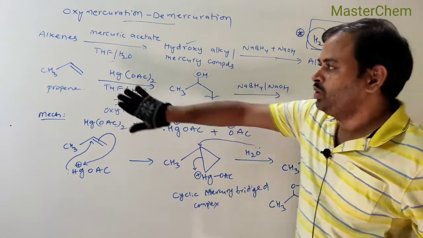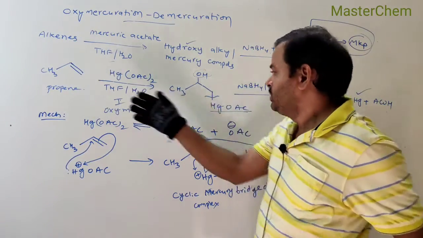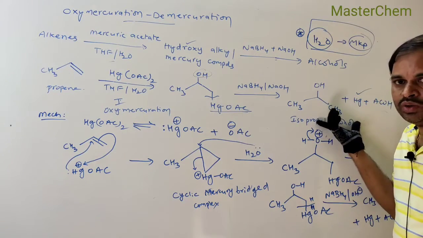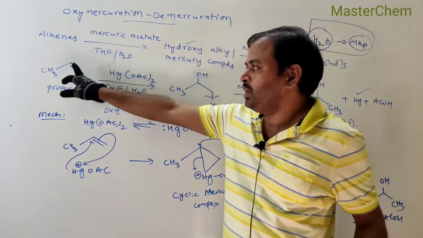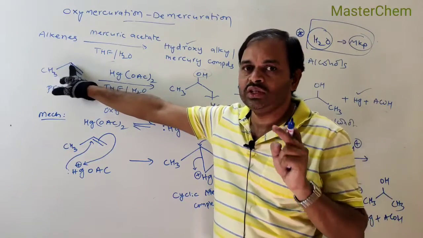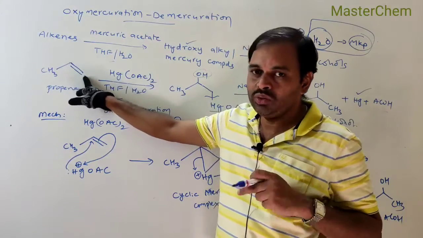So take this example, and what is the Markovnikov's product of hydration? This is the Markovnikov's product, because we should attach OH minus at the carbon of unsaturation which has fewer hydrogen atoms. It is having one hydrogen, here it is having two hydrogens.